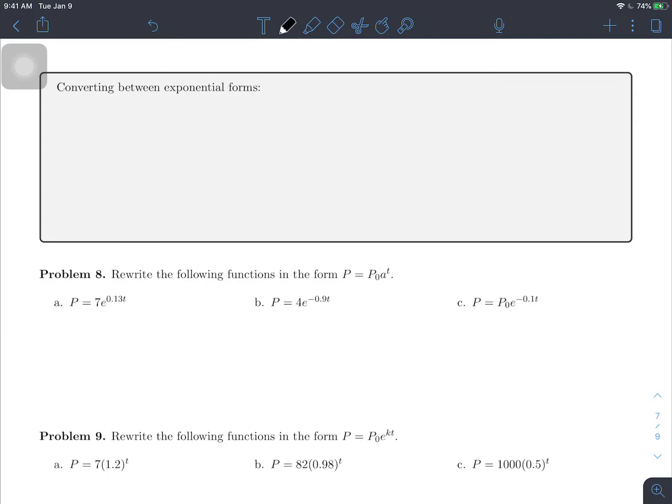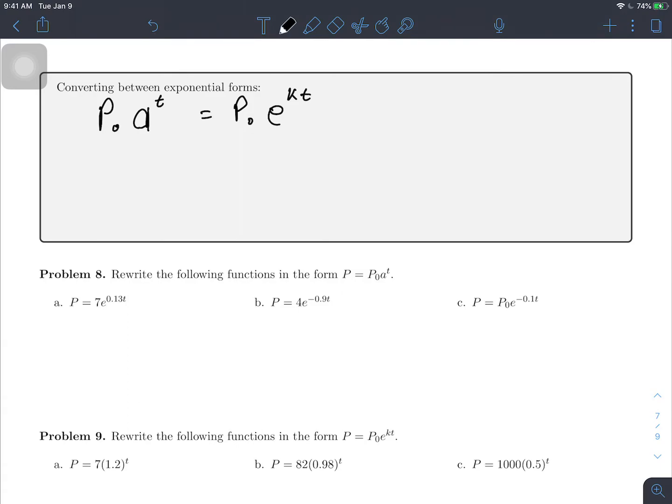The one we've been talking about so far is P naught times a to the power t, where t was measured in years or months or days, and a was the ratio by which P naught would increase after one unit of time. That might have been a year or a day or a month. The other way that we write exponential forms is P naught times e to the power kt.